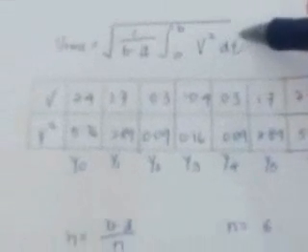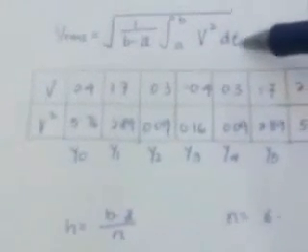Because it's V squared dt, we have to use time for our limits B and A. But because there aren't any values given for B and A, we will just substitute using B and A. Therefore, H is equal to B minus A divided by 6. After finding the value of H, we will now use the Simpson rule formula.